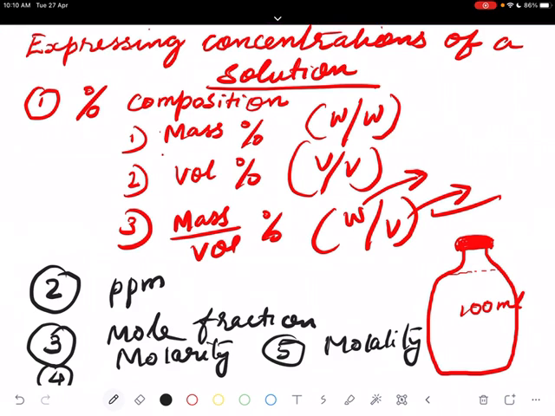So first one is mass percent. How to find out the mass percent?